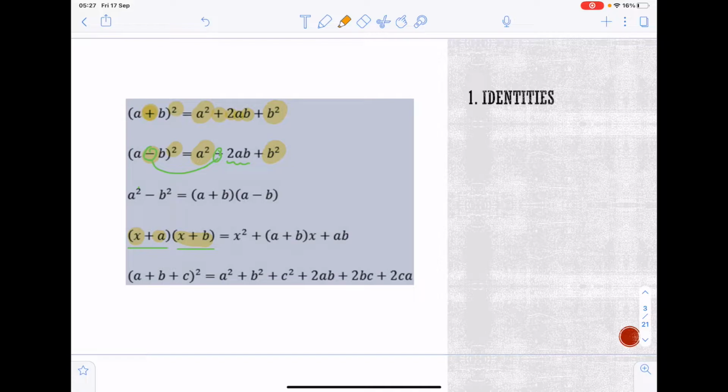So we will get x squared plus (a plus b)x plus ab. Same thing here: how can we distribute the square to three terms? This would be the distribution of the square to three terms.